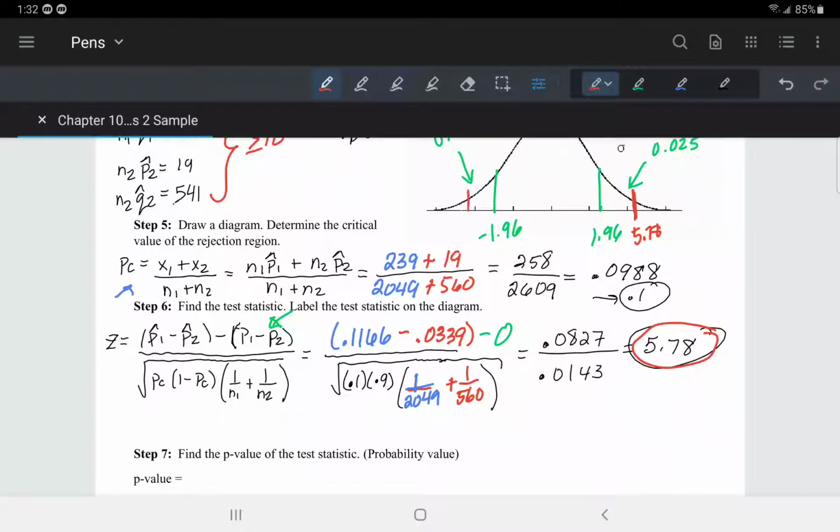Remember, we'd also have to calculate the p-value, we need both ends. By symmetry, this is negative 5.78, and we'd be calculating this probability as well.